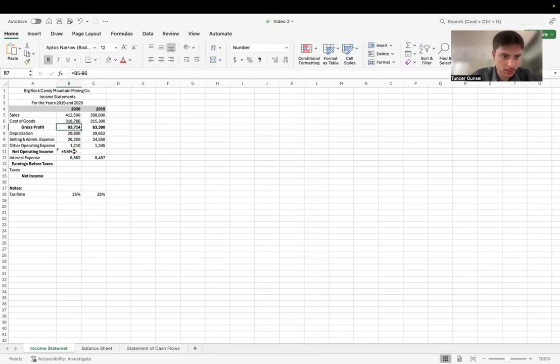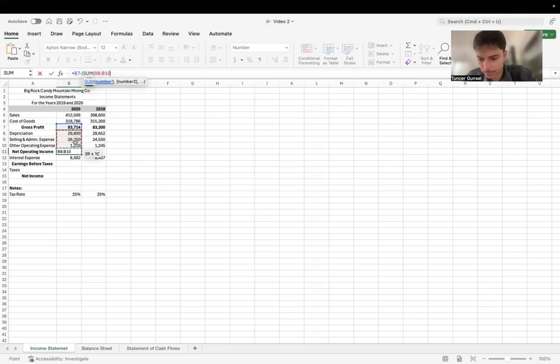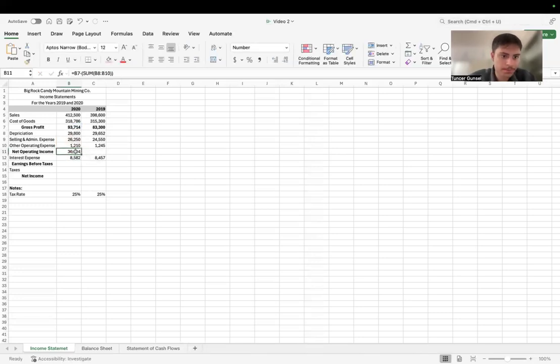Okay, we should be fine right now. To find the earnings before taxes, we need to subtract the interest expense from the net operating income.